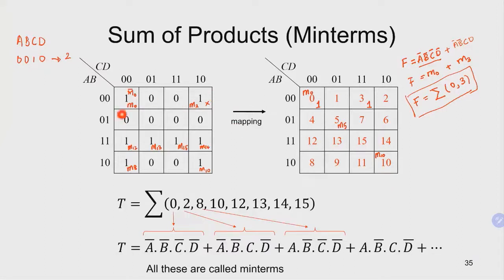So in the POS or product of sum, whenever you have a 0 in the minterms, then you have a 1 in the maxterm, because the minterm and the maxterm are the inverse of each other.